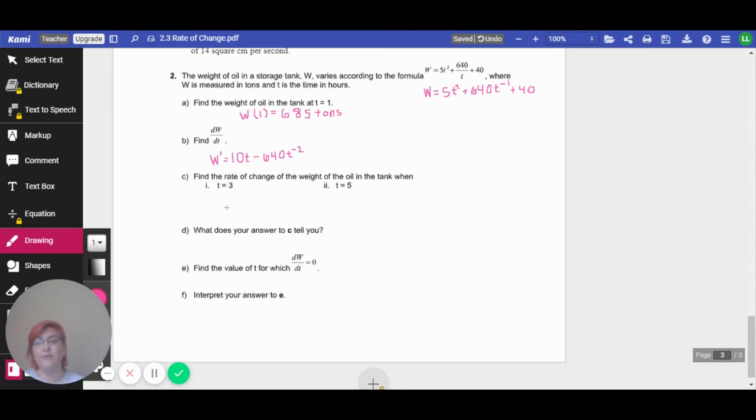So now we're going to find the rate of change of the weight of oil in the tank when t is 3 and t is 5. So W prime of 3 equals, we're just going to plug that straight into here. 10 times 3 minus 640 times 3 to the negative 2.